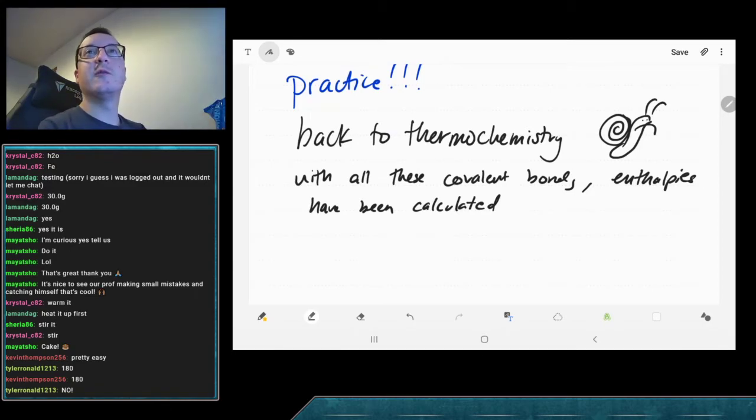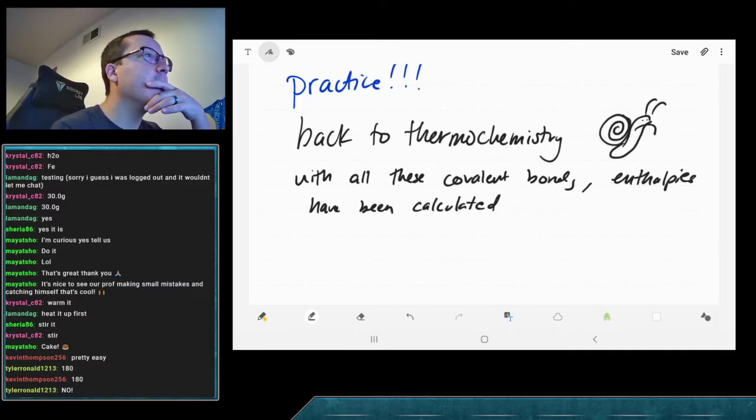Let's see if Wikipedia has a nice bond enthalpy table. Bond enthalpy. Do we have a nice table? Oh, what are all these? Let's see if there's a data table. Bond enthalpy data table. No. I will find you a good one. How about bond energy?